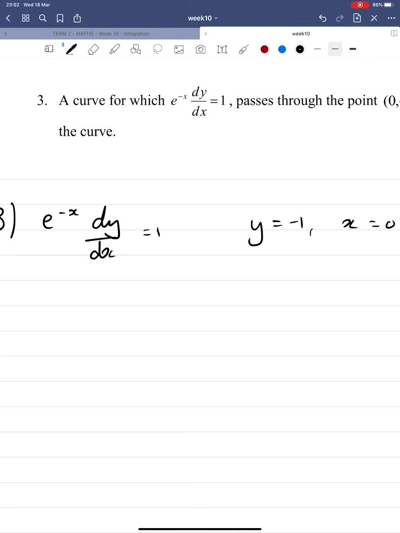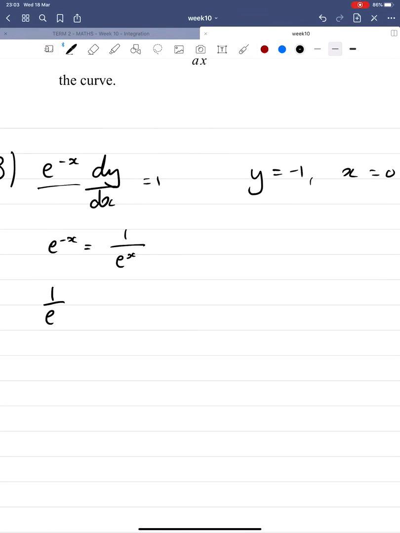And I'm just going to rewrite it. This e to the minus x here, e to the minus x is the same as 1 on e to the x. So actually what I've got here is 1 on e to the x, dy by dx is equal to 1. So now I can times by e to the x dx, and I get dy is equal to e to the x dx.